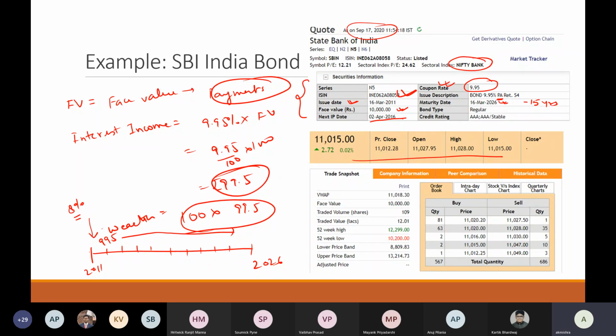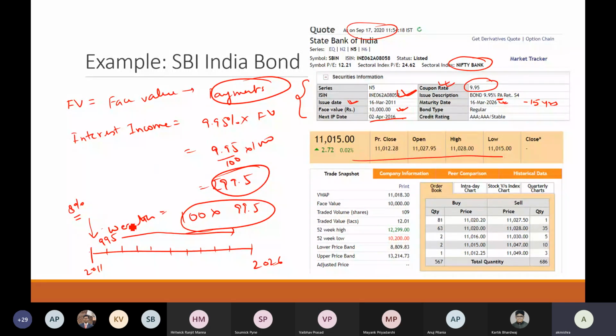So we assume that if I'm not depositing my money in the bank but buying this instrument, then when you discount, 8% is going to be your reference expectation, or your expected required return. It means if you want to invest in this, you expect it should earn at least 8% return.